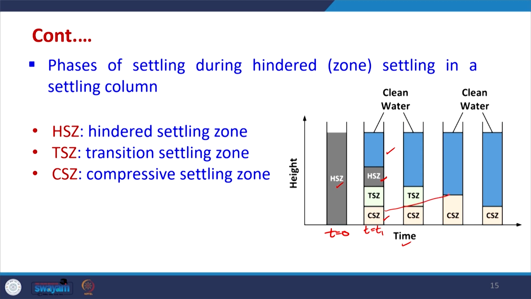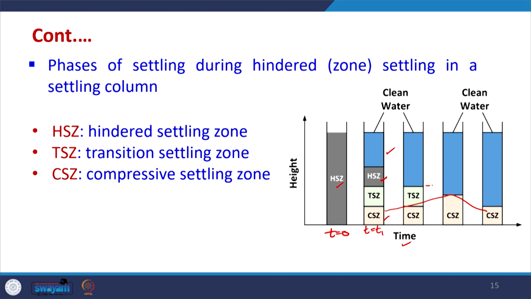The good thing with respect to the compression settling zone is that it is highly compressed, and generally we will observe this zone increase after some time and then decrease at a later time. You can see here the height is increasing and then it will decrease, but the overall clear water zone will always increase.